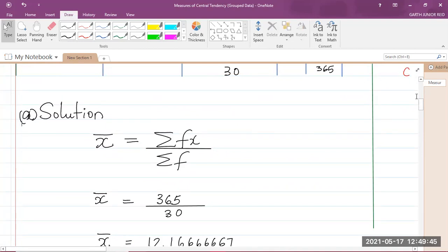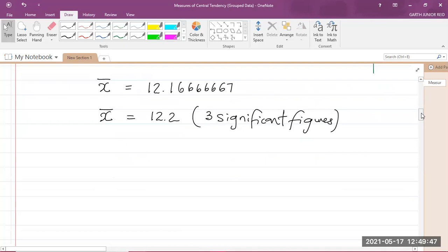Let's do the part B solution. So we want to find the median net income. Let me just write down the formula here.